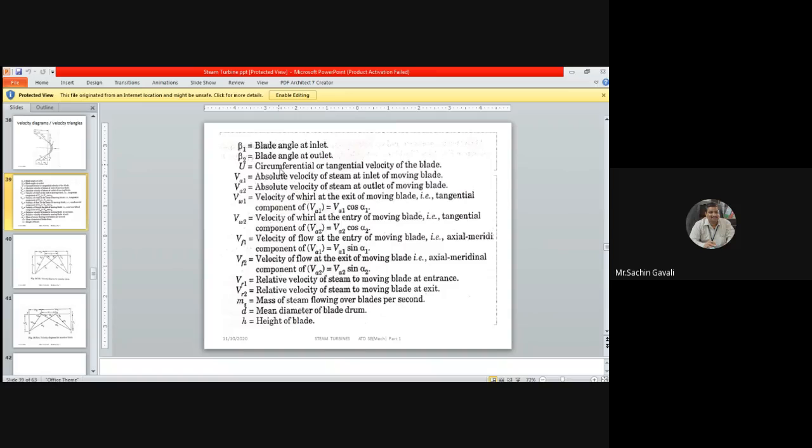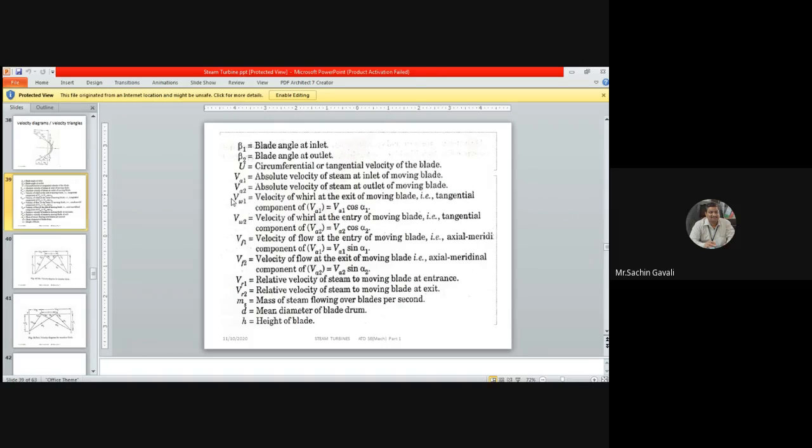U is the combined or tangential velocity of the blade with which the blade is rotating. Va1 or V1 in our diagram is the absolute velocity of steam at inlet with moving blade. V2 is the absolute velocity of steam at outlet. Vw1 is the velocity of whirl at inlet, the tangential velocity component, and Vw2 is the whirl component of steam at outlet, the horizontal component of V2.